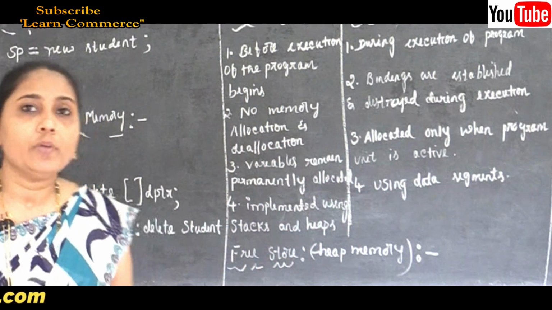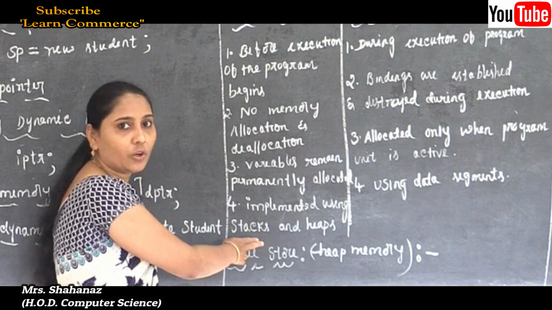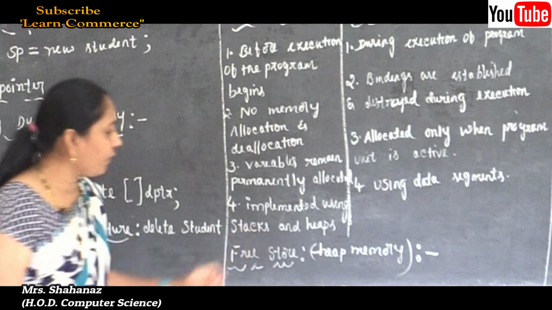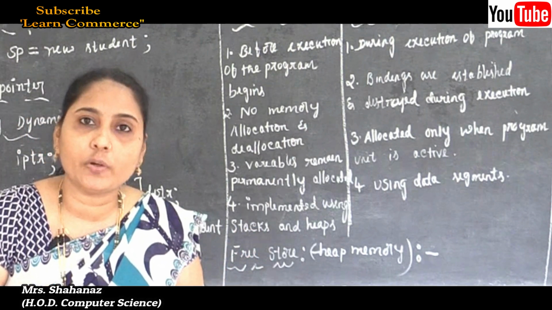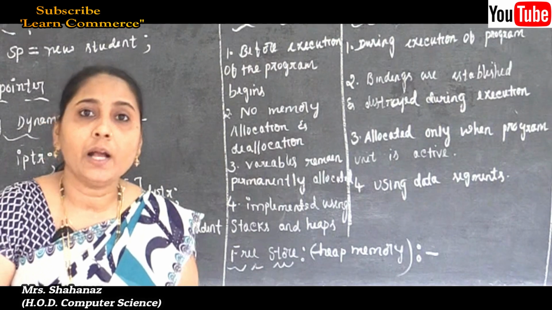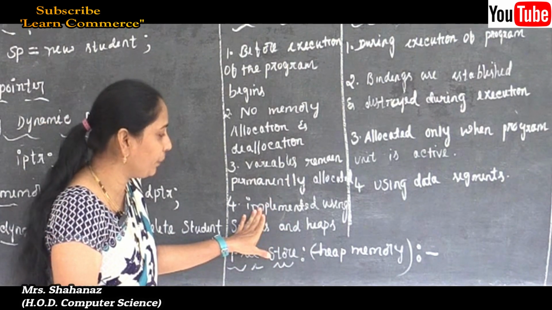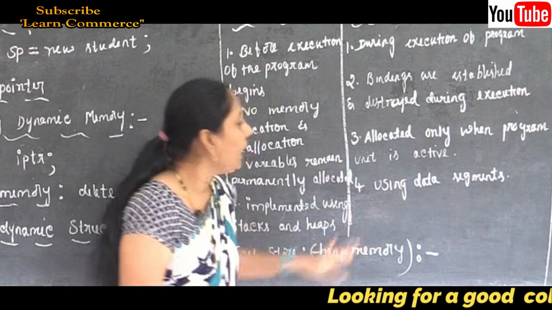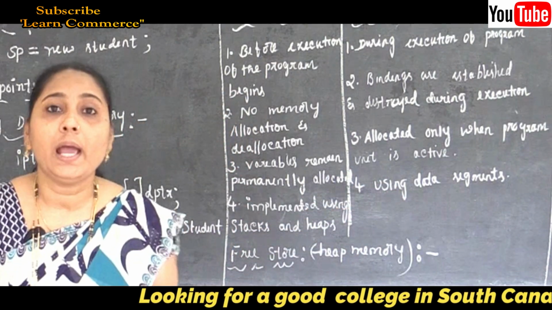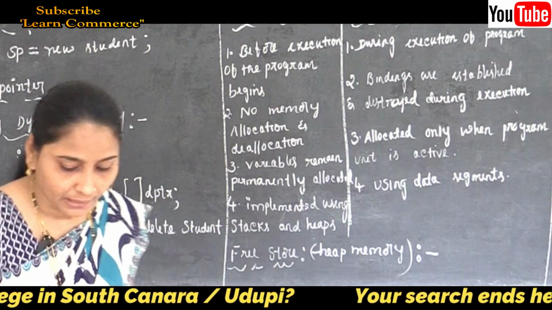And finally we can say about the difference in implementation. Static allocation of memory is implemented using stacks and heaps. Why? Because we know the meaning of the stack. But in case of dynamic allocation of memory, it is implemented using data segments.